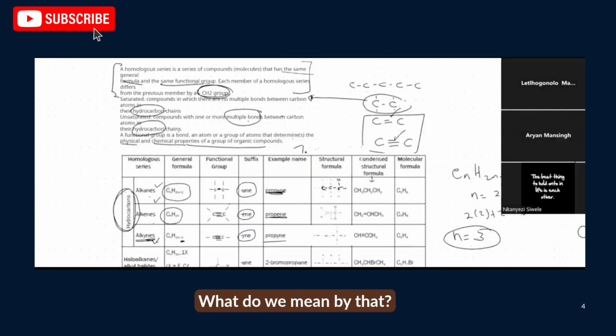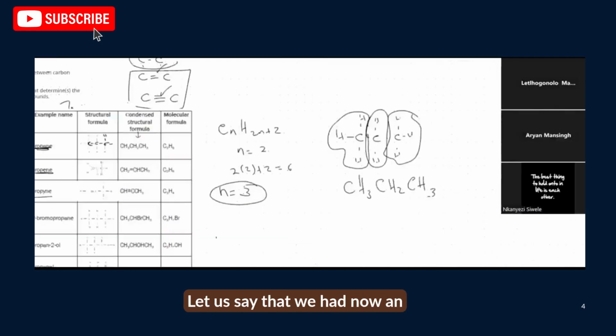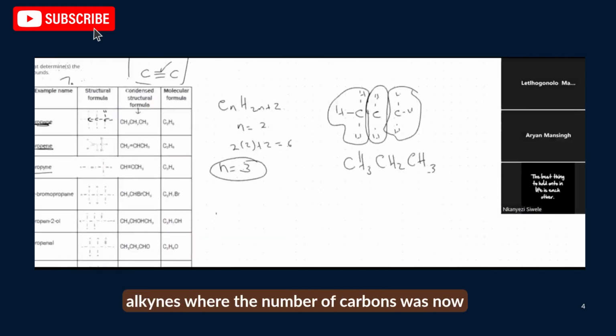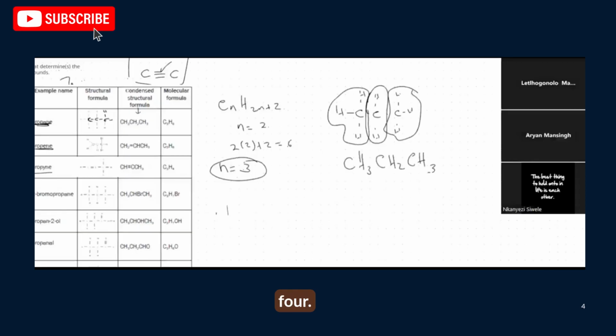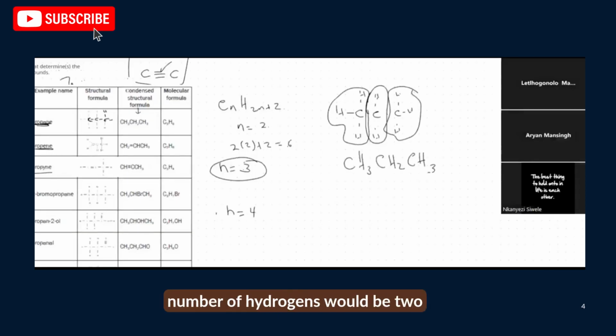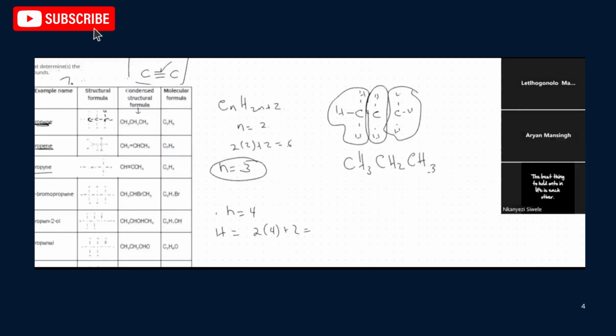What do we mean by that? Let us say that we had now an alkane where the number of carbons was now 4. According to the formula, the number of hydrogens would be 2 times 4 plus 2, which would give us 10.